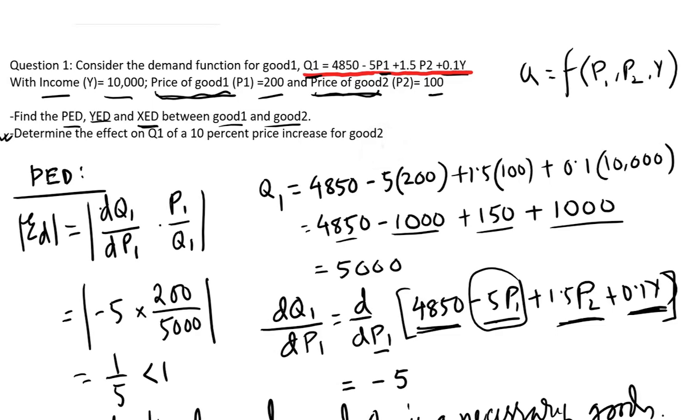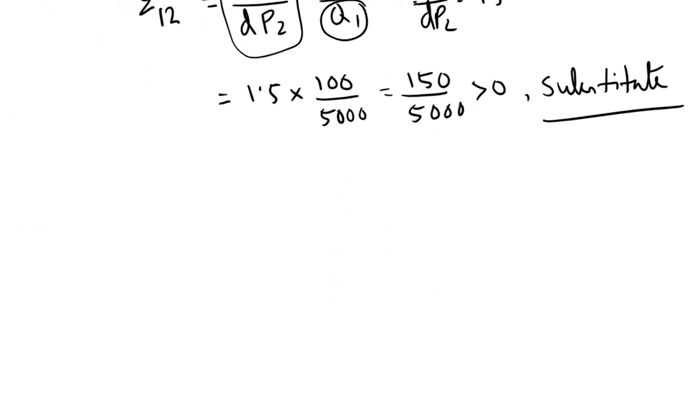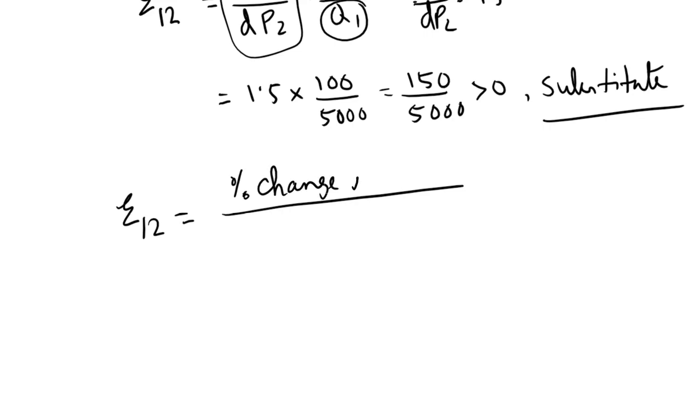Now let's find the second question, which requires us to determine the effect on good Q1 of a 10% price increase for good 2. So if you remember the definition of cross price elasticity, which is percentage change in Q1 over percentage change in P2.